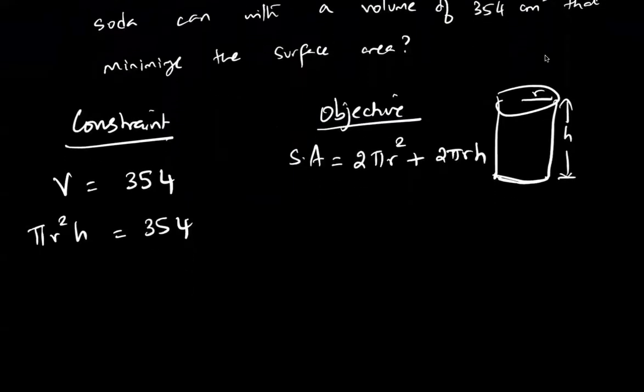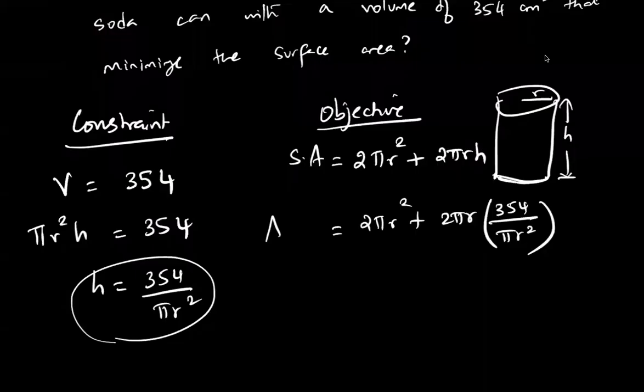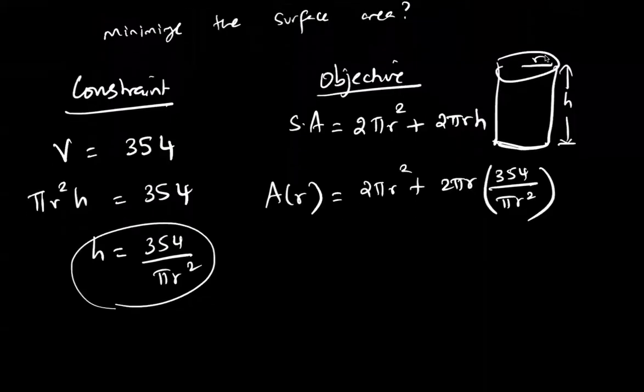Now I'm going to rewrite this like so. h is 354 over pi r squared. And then I'm going to take that here and replace my h with 354 over pi r squared. So this gives me my area function in one variable r. If I simplify this, the pi and the pi goes away, one of the r's goes away.